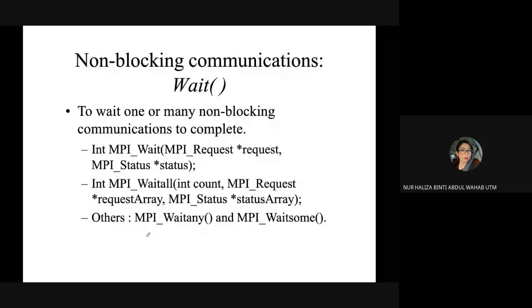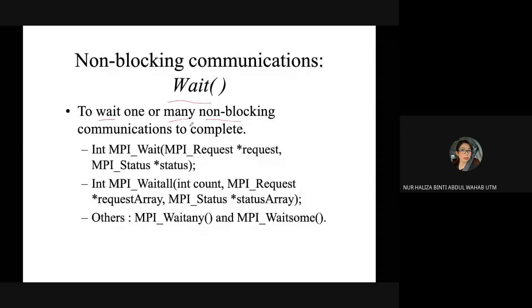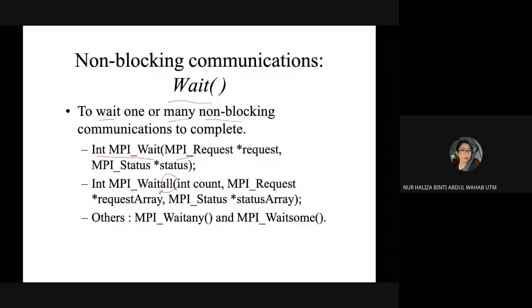We look first at the wait function. To wait for one non-blocking communication to complete, you use int MPI_Wait, and you can also see that you will have the MPI_Request and MPI_Status. If you want to wait for all, you can use int MPI_Waitall.